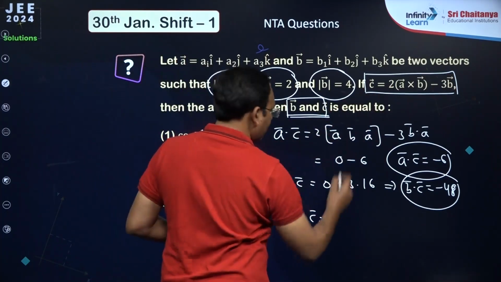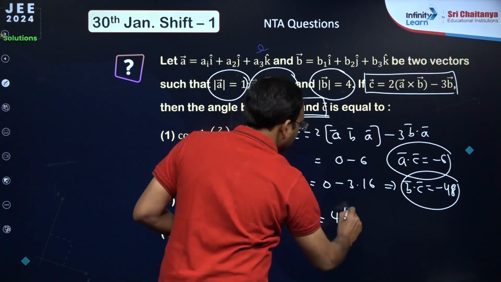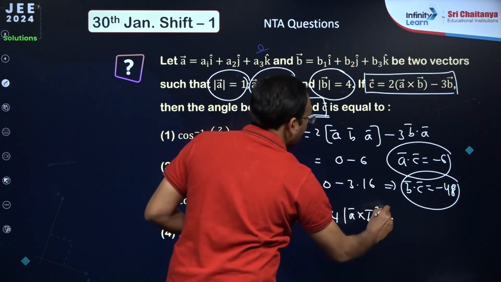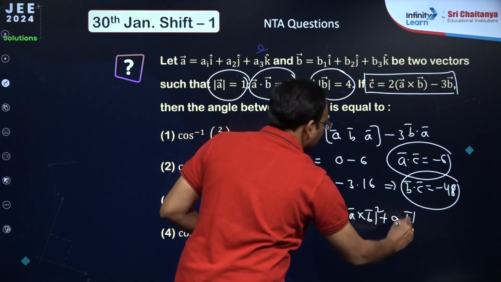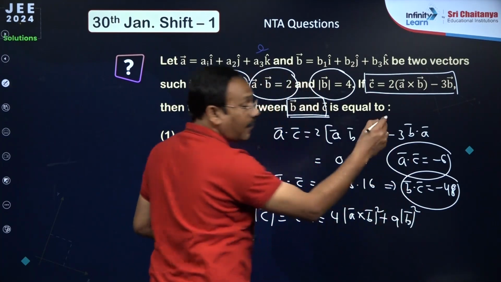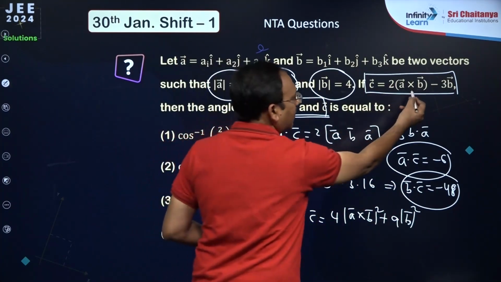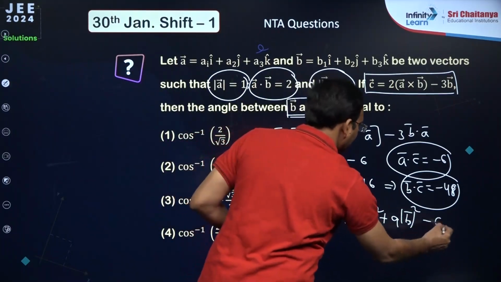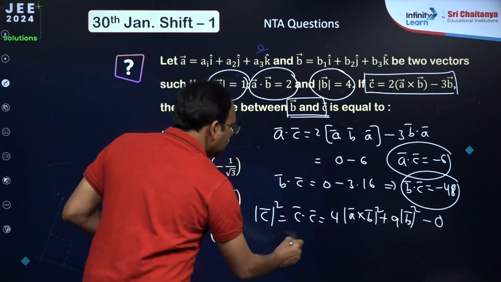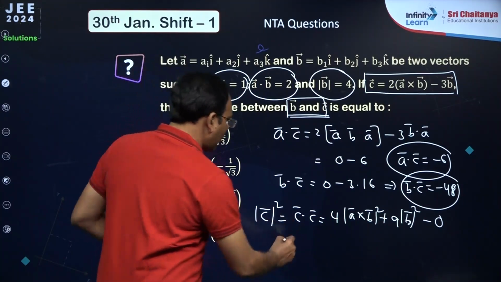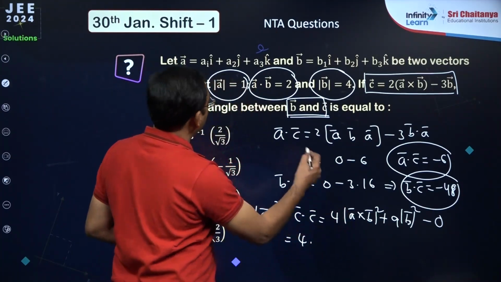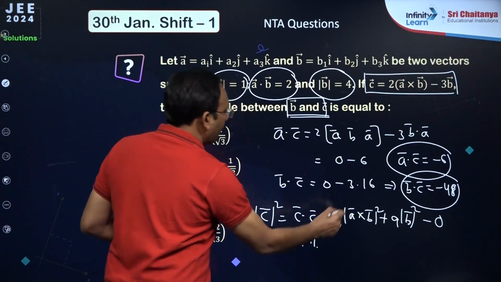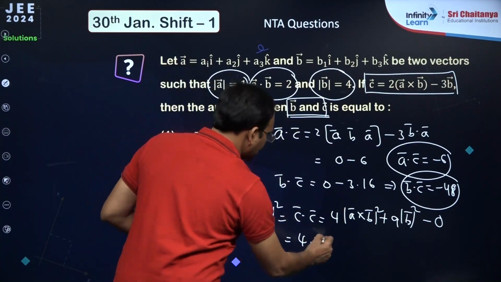So magnitude of a square is 4 into magnitude of a cross b square plus 9 into magnitude of b square, minus 2 into a dot b. A cross b will be perpendicular to b bar, and hence this becomes 0, my dear friends. So this is 4 into magnitude of a square, which is going to be 1, magnitude of b square is going to be 16.